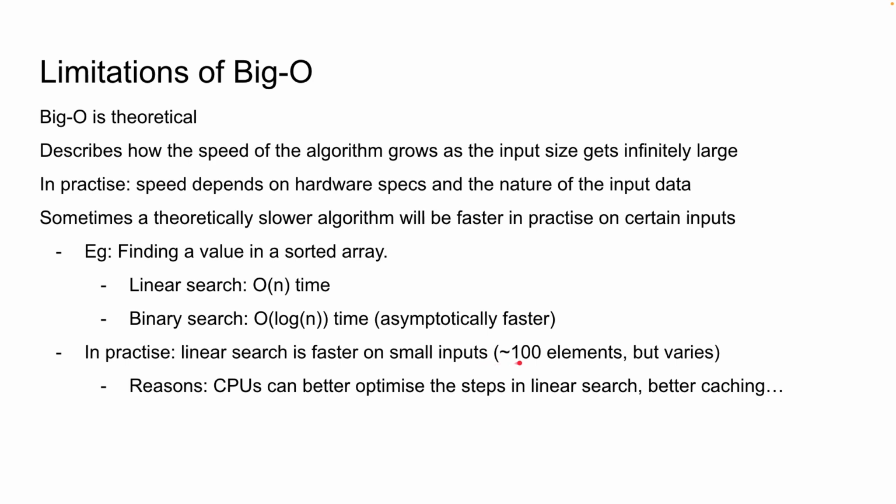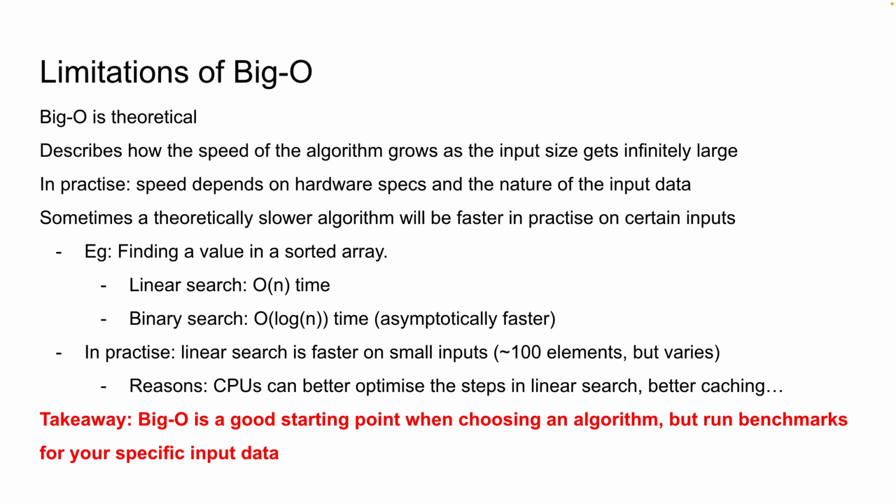It was faster for about 100 elements, but this would vary based on the computer you're doing this test on. And the reason for this is because computers can better optimize for linear search. All Big O tells us is that the speed of linear search will increase faster than the speed of binary search. So at a sufficiently large input size, binary search will become faster.